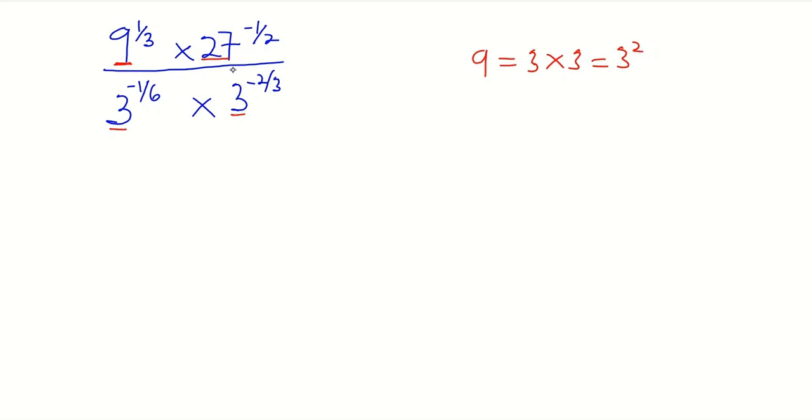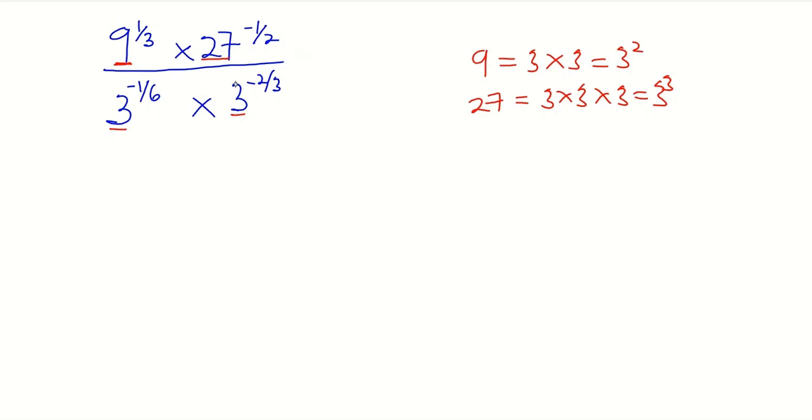In the same way, we can also change 27 to a base of 3 and exponent of 3. So simply put, we know that 27 is the same as 3 times 3 times 3. So that is 3 exponent 3. And so if that can be done, then we go ahead in doing so.